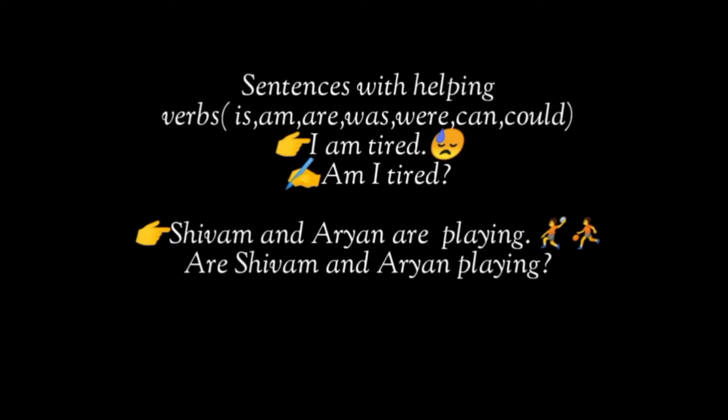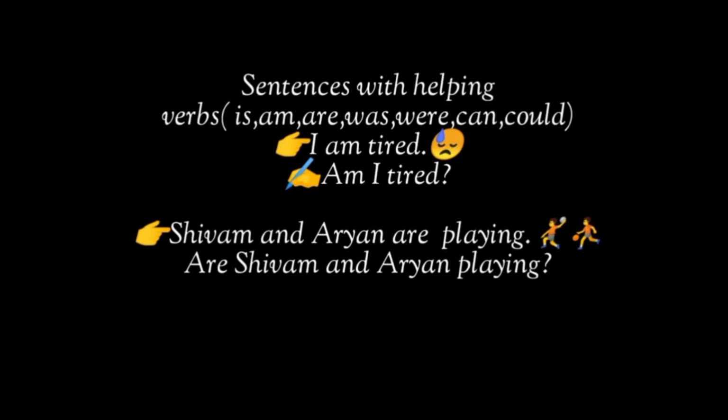Next example, Shivam and Aryan are playing. Here, Shivam and Aryan both are the subject, are is the helping verb, and playing is the main verb. So, what is the rule? The rule is, we have to bring the helping verb before the subject.